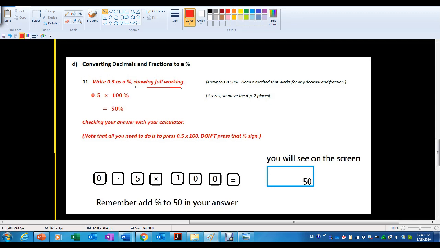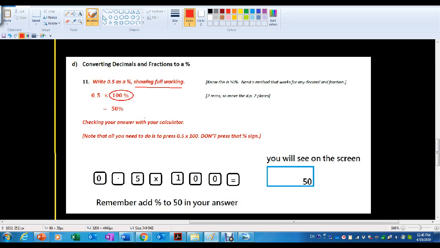If you are going to write 0.5 as a percentage, you convert a decimal number into a percentage. What you need to do is write 0.5 times 100%. You know that 100% is 1, but why should we do this? Because by doing that, you use 0.5 times 100, and then you put that percentage sign over there. That would be your answer.